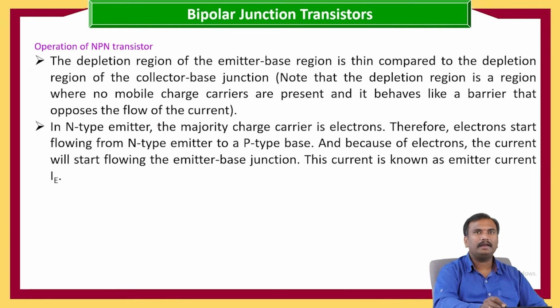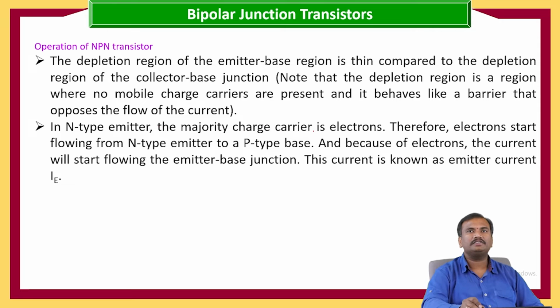And in n-type emitter, the majority charge carriers are the electrons, and therefore electrons start flowing from n-type emitter to p-type base, and because of electrons the current will start flowing in the emitter base junction, and this current is known as emitter current.